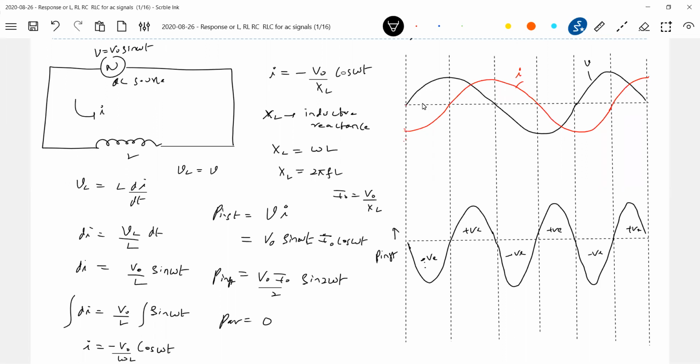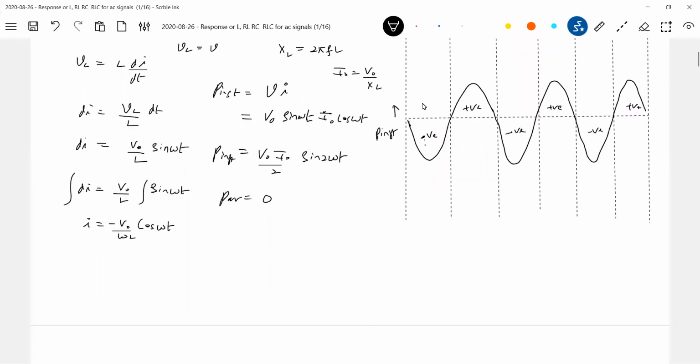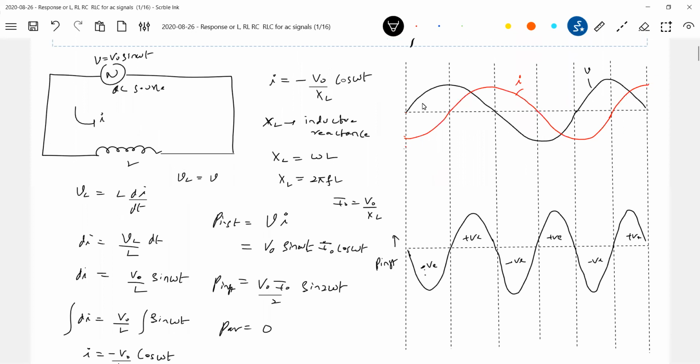And the capacitor makes the current lead the voltage. So negative is what we have here, minus V naught cos omega t. So does the inductor consume any power? No. And there'll be exchange of energy between the inductor and source in one cycle. Twice it will occur, no? You can say that.